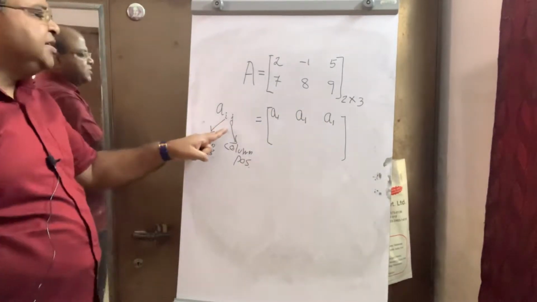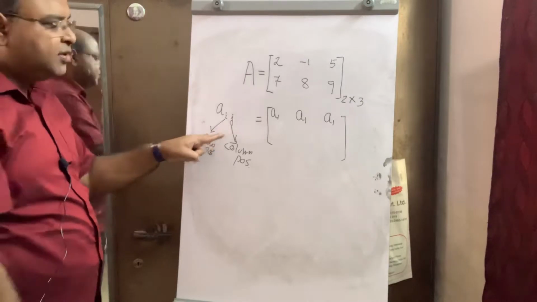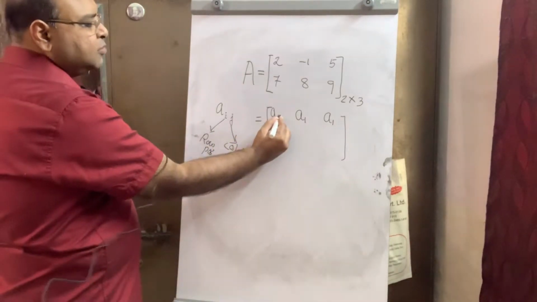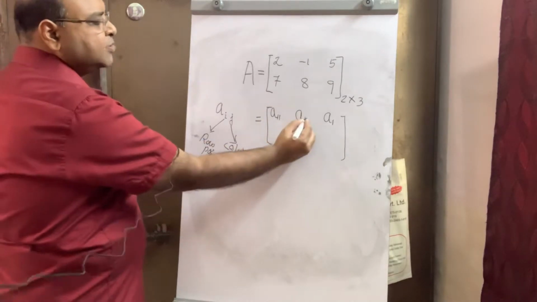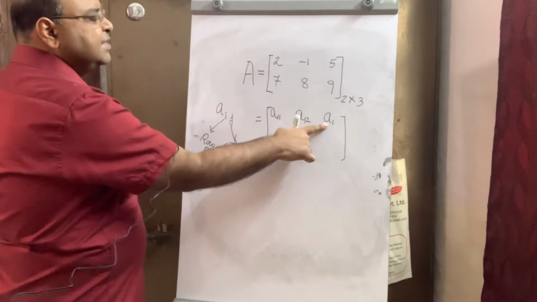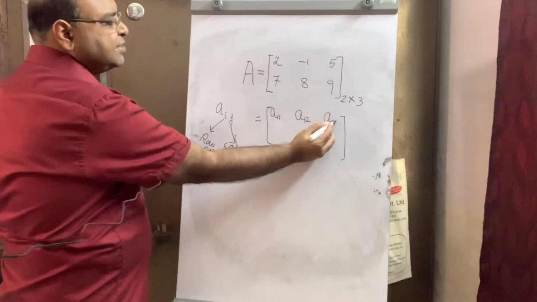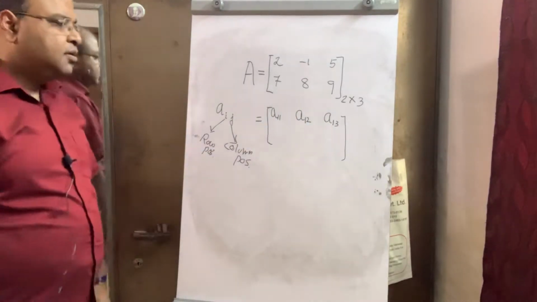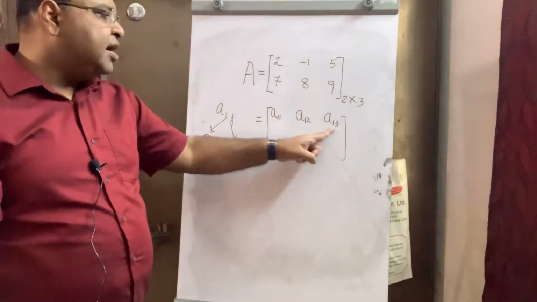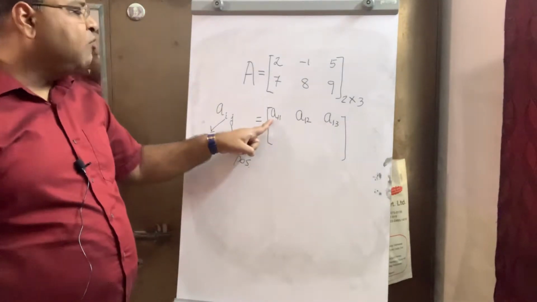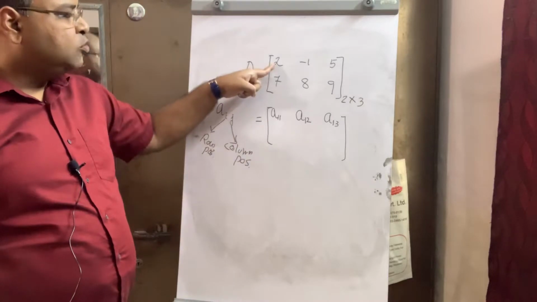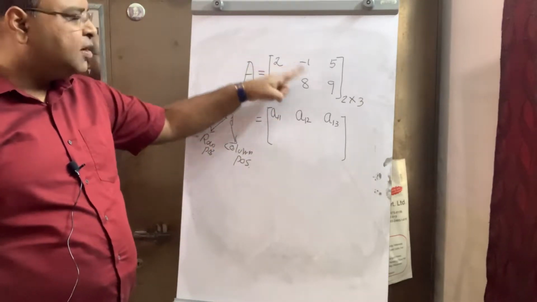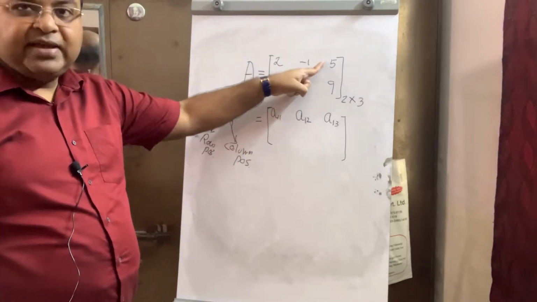So the right suffix j represents the column position, the column suffix. That is, the elements in the first row are respectively denoted by a11, a12 and a13. So here a11 stands for 2, a12 stands for -1 and a13 is 5.